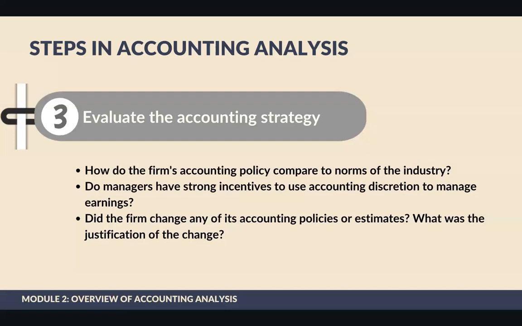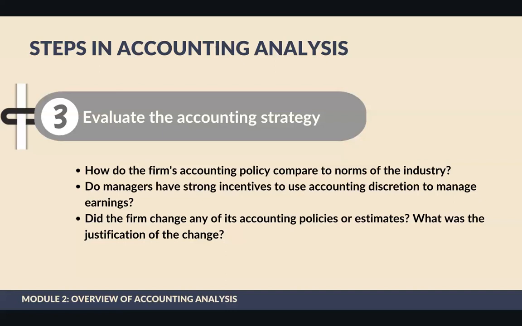But because they are employees and they are not immune to personal interests, they might be incentivized to use their accounting discretion so that on paper they are able to meet these bonus targets so that they can receive additional compensation.